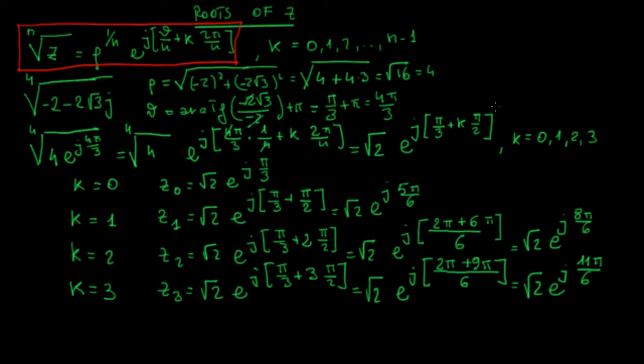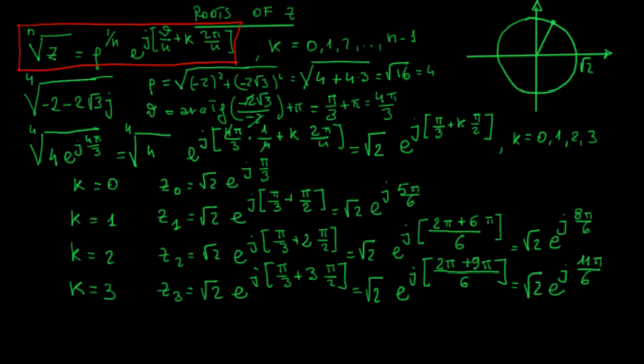Now, if we want to find the position of these roots, we know that all these roots are located on a circle with a radius that is, of course, the square root of 2. The z sub 0 is positioned at pi over 3 radians, so pi over 3 is roughly here.